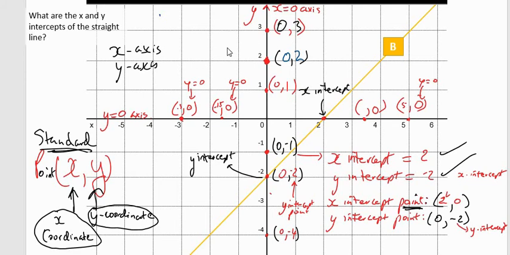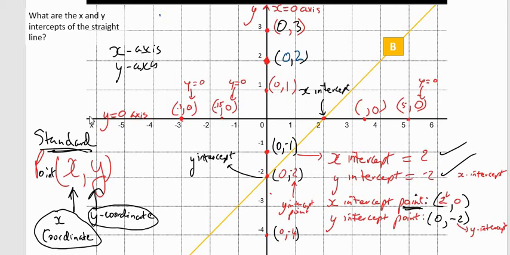Yeah. So another way we can say that is that the equation of the x-axis is y equals 0. The equation of the y-axis is x equals 0. And that's another thing we want to look into, equations of straight lines. The x-axis is a straight line. Do you agree? Yeah. And its equation is y equals 0.